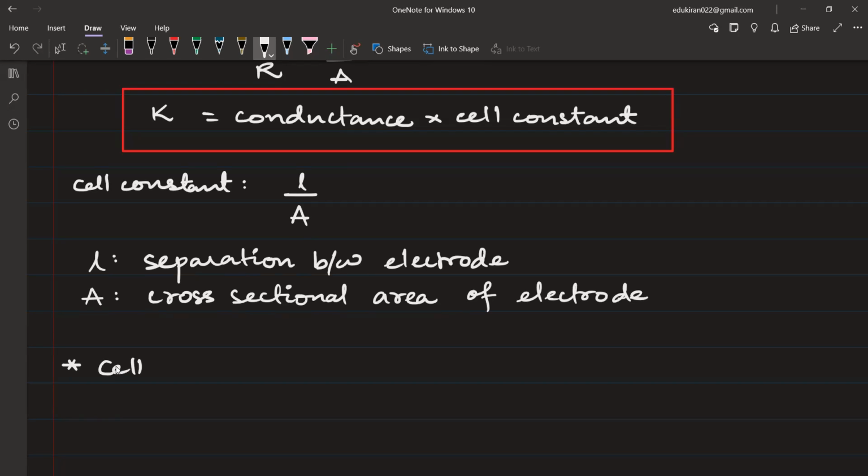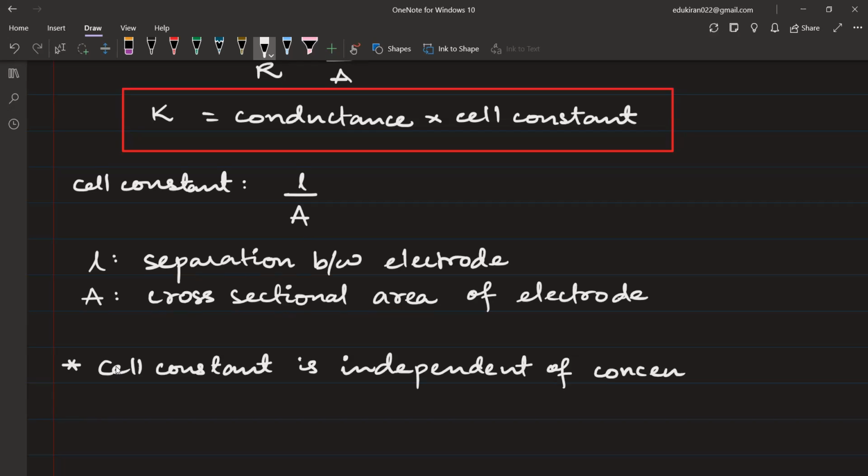Write a point: cell constant is independent of concentration.